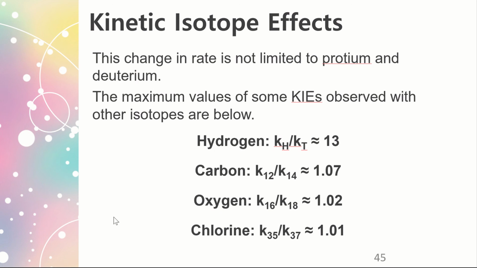So for hydrogen, proton and tritium, that is a whopping 13, in comparison to carbon, oxygen, and chlorine, where these are very low values of 1.1, 1.01, 0.2, and 0.7. So we can see here that for the isotopes of hydrogen the change is more significant than for these other isotopes.